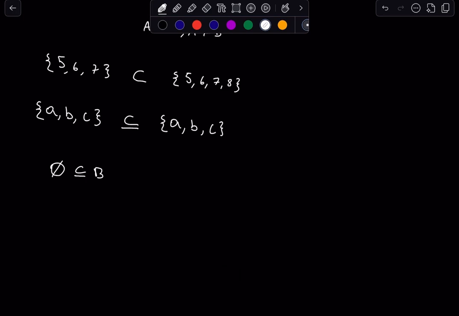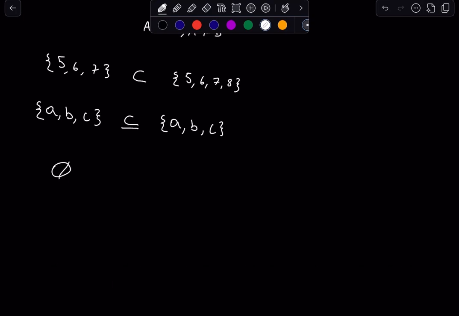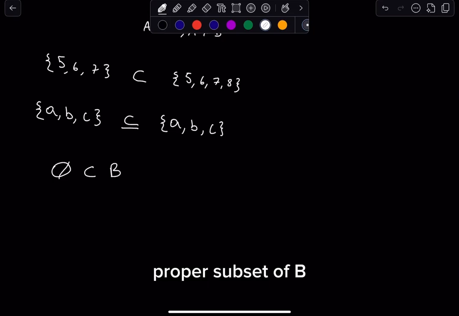Another important case to note is the null set will always be a proper subset of B.